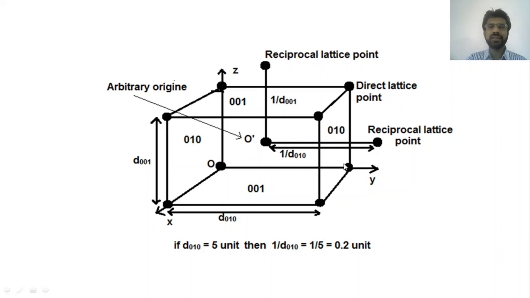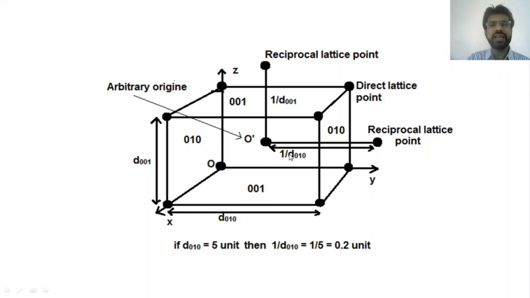Now in this case, if we consider these two planes are parallel with each other, the same thing applies to the upper plane and the lower plane, which are parallel with each other. Again if we draw the normal from this arbitrary point, passing through this 0, 0, 1 plane, then terminate at the point which is at a distance of the reciprocal of the distance between these two planes, and that acts as a reciprocal lattice point.